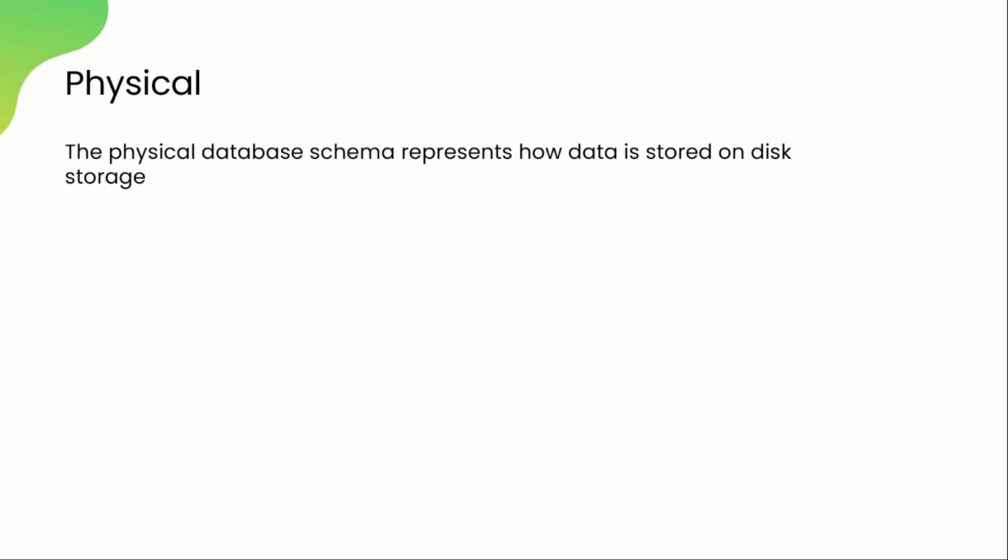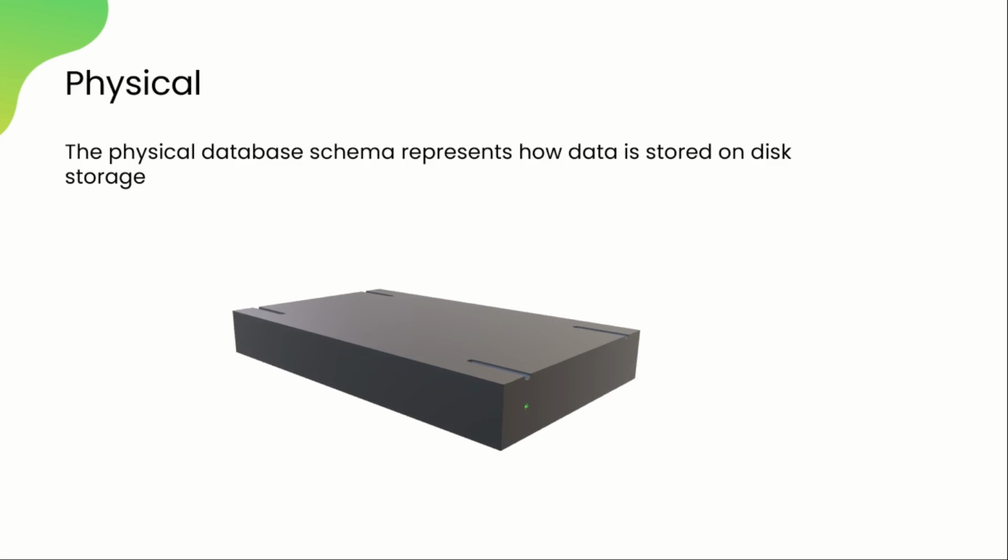Physical schema. A physical database schema represents how your data is stored on disk storage. In other words, it is the actual code that will be used in order to create the structure of the database. The physical schema will tell how our data will be stored on the disks.